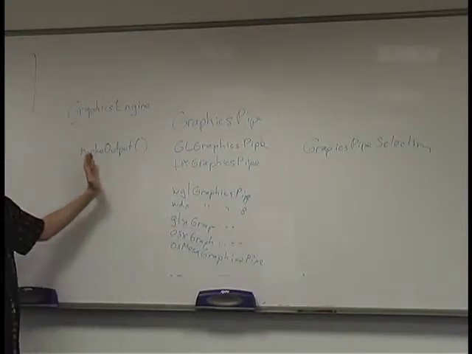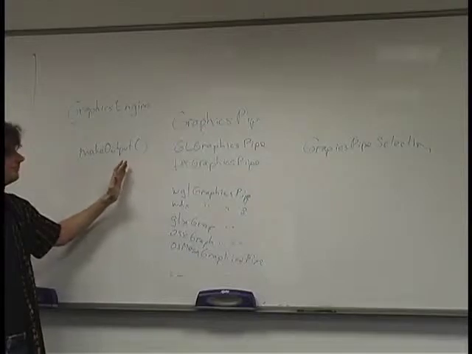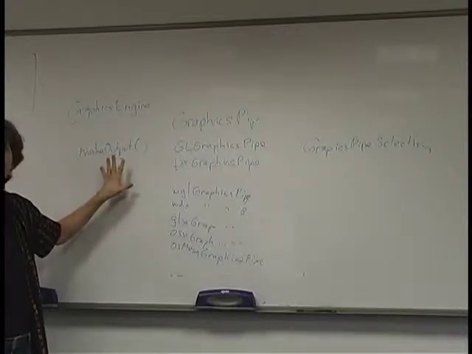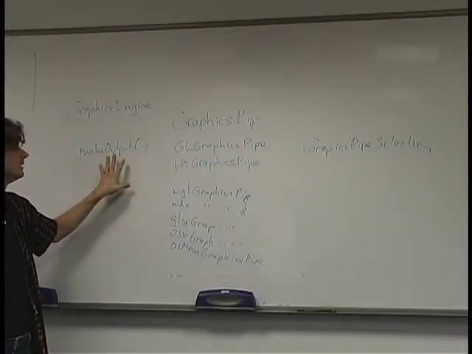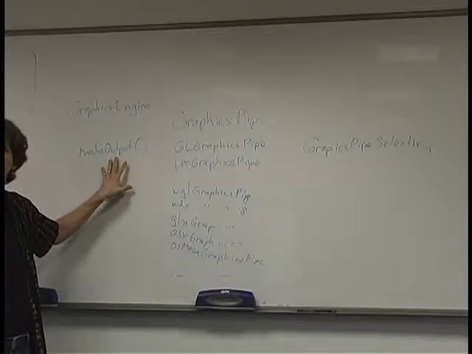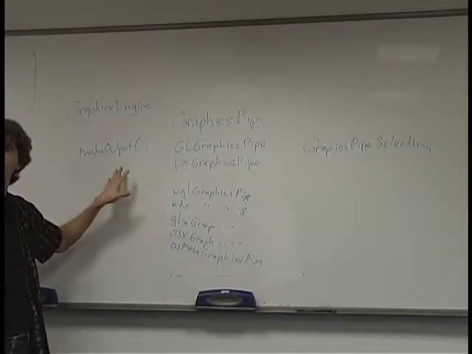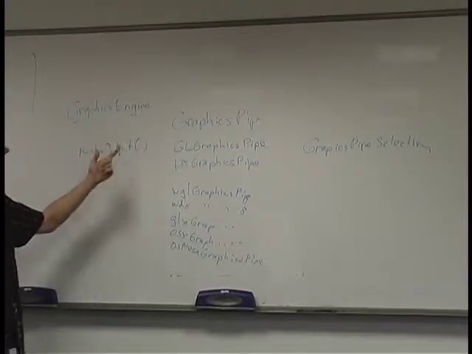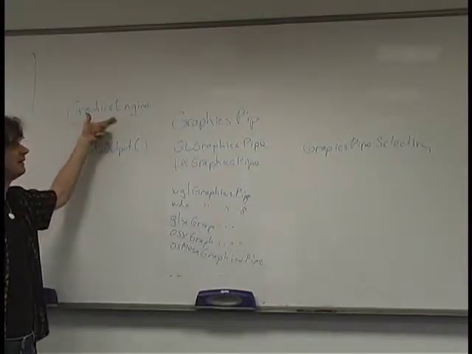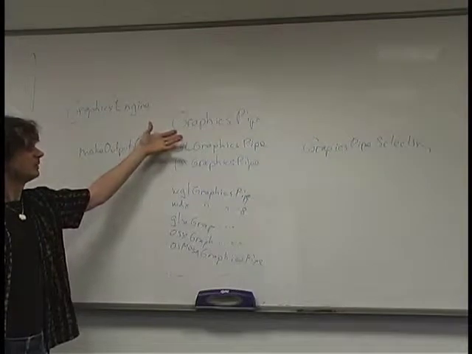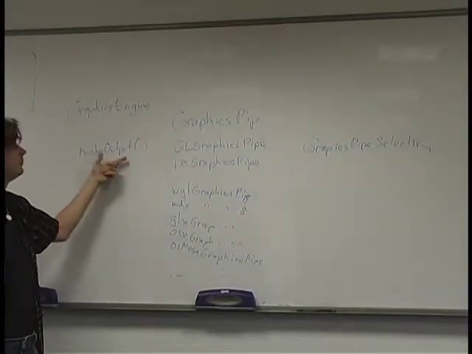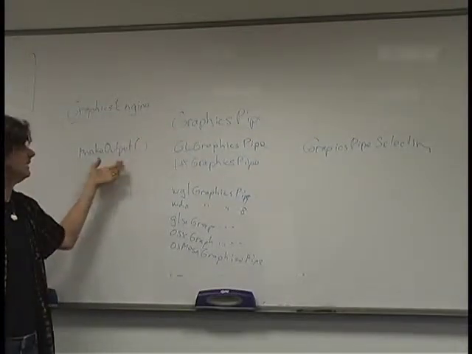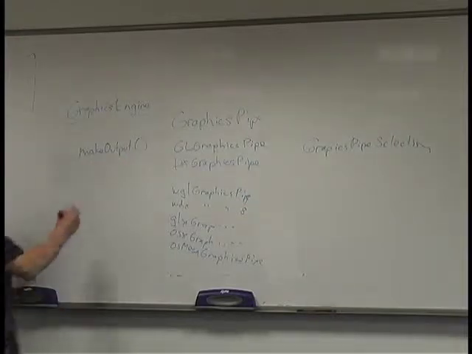And it tries to do some smart things. But for now, let's just talk about if you want to use it to create a window. And we'll talk about some of the cleverer things you can do with it when you're creating graphics buffers a little bit later. All right, so we've got a graphics engine, we've got a graphics pipe, and we use graphicsEngine.makeOutput. We pass it the pipe that we've got, and it will give us back a window.